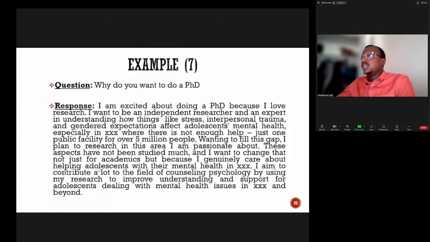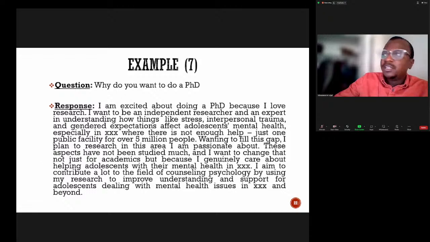I think overall it's fair because in the second sentence, the person mentioned 5 million people, talking about the problem with the country of origin, that they only have one public facility for mental health for over 5 million people. Yeah, using statistics made it more realistic here. The person actually added figures to show the extent of the issues and why the person is interested.